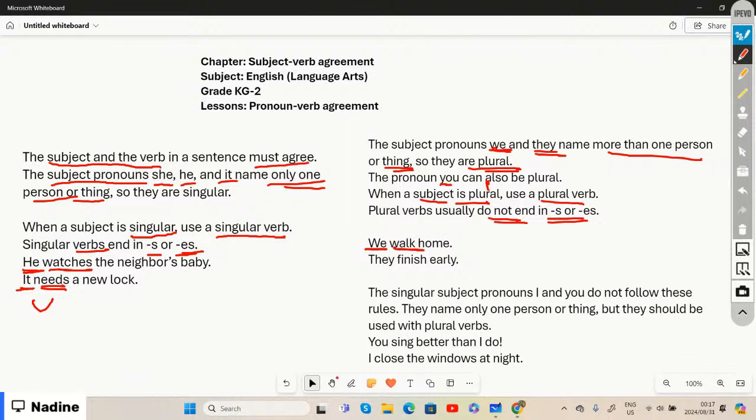We do not add an S because it shows more than one person is doing something. When our subject is plural, we do not add an S or an ES. But if our subject is singular, referring to one person, animal, or thing doing something, then we add an S or an ES.